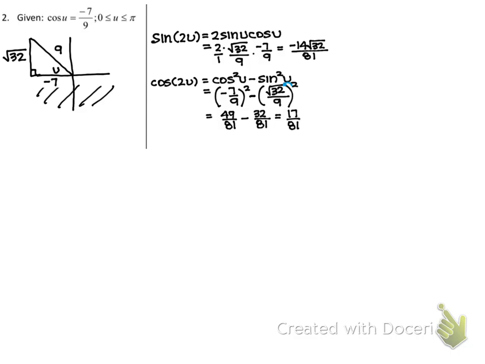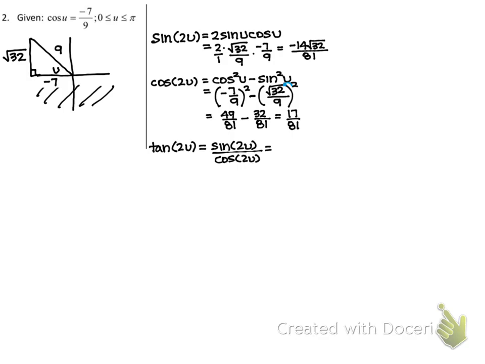Okay, now, if you're confident with your sine and your cosine, which I am, I'm going to go through and do my tangent. Now, if you want to pause at this moment, see if you can get tangent 2u, go right ahead. I'm just going to go ahead and keep going. So I know that sine over cosine is the exact same thing as tangent. I already did this.